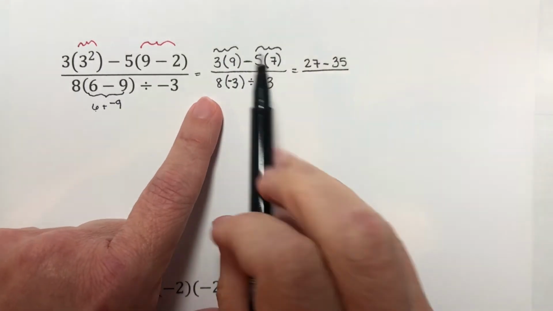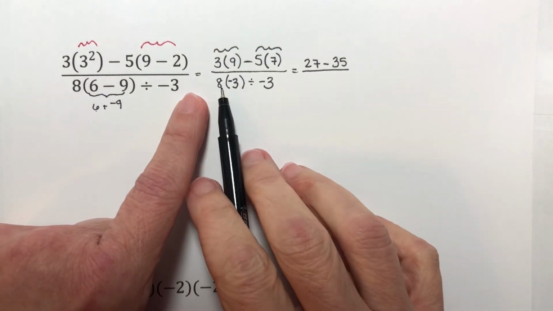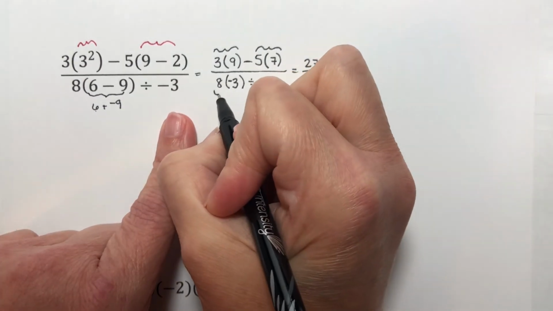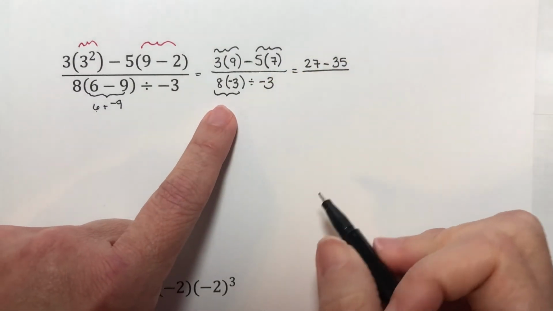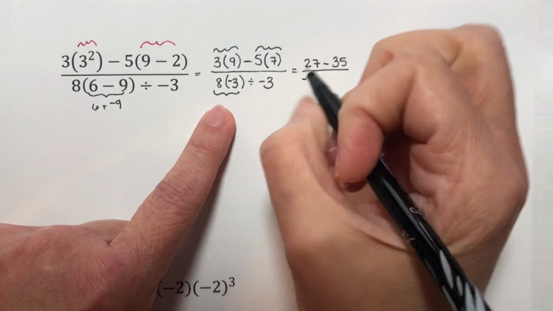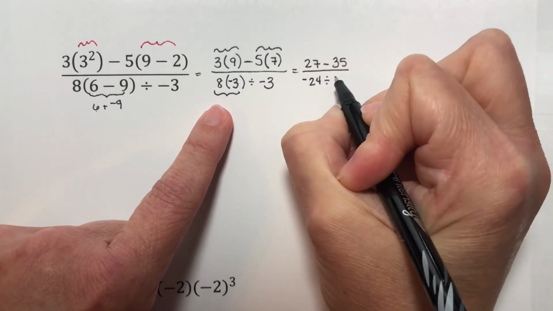Okay, so that's the next step down in the top. In the bottom, I have a multiplication and I have a division, and I need to work from left to right. So 8 times negative 3. A positive times a negative is a negative. 8 times 3 is 24. Divided by a negative 3.